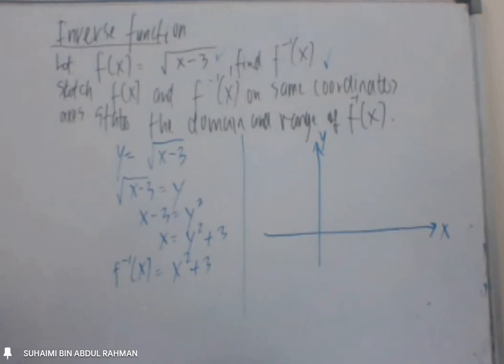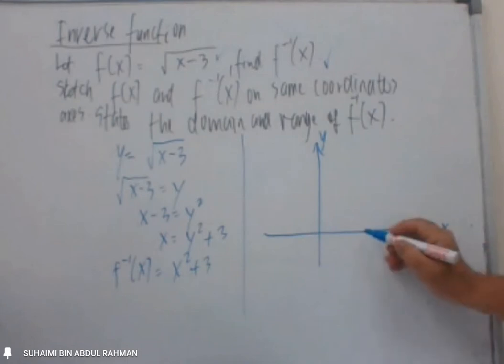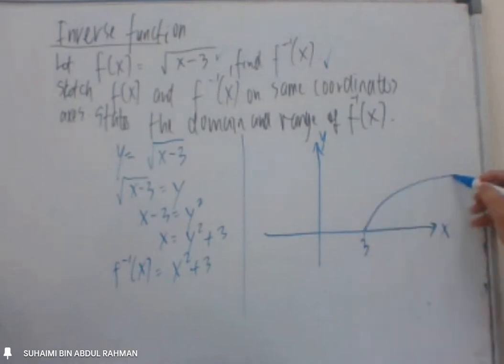Therefore, we start from the point (3, 0). Another reason: it is shifted to the right 3 units. This is the graph of the function square root of x minus 3.